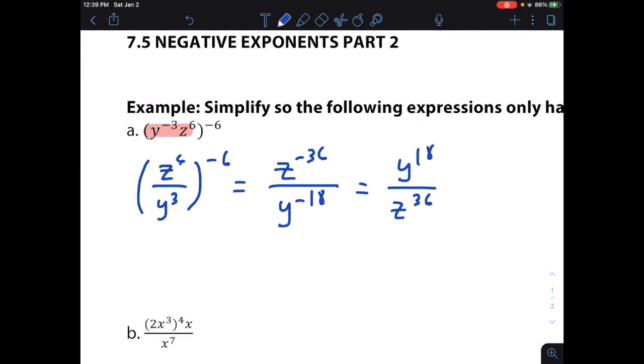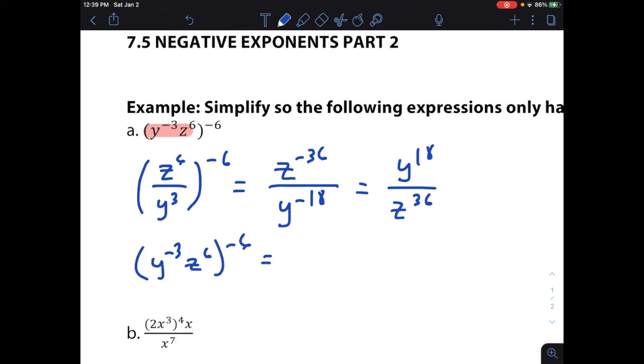So we're getting some crazy big exponents, but that's okay. We can just treat them as regular exponents. They're just regular numbers. They just happen to be bigger than what we're used to dealing with. Now if I were to do the power rule first, I have y to the negative third, z to the sixth, and that whole thing is to the negative sixth power.